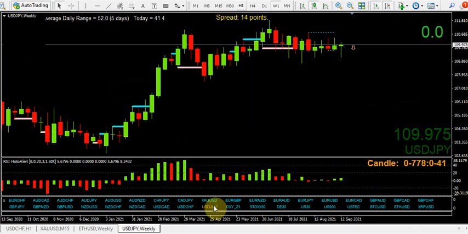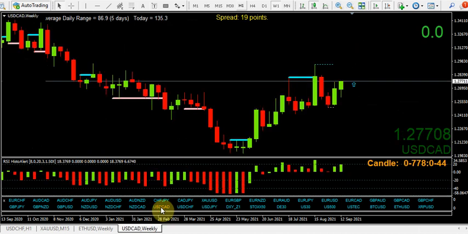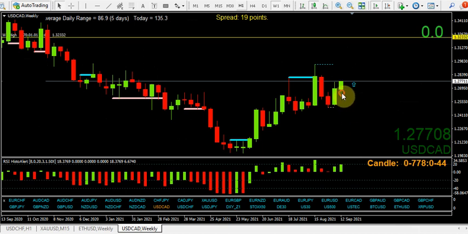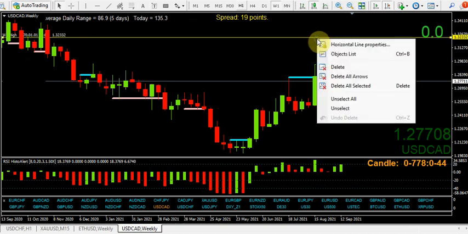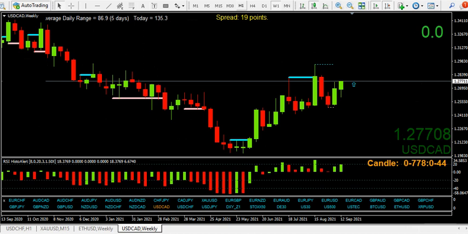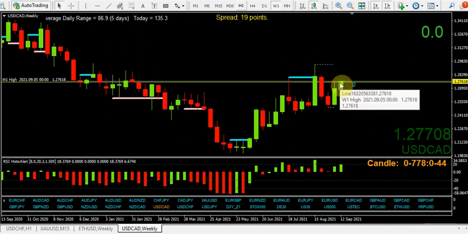You could look at UJ. That doesn't tell us much at all, to be honest with you. You could look at another dollar related pair, dollar CAD. It's broken that high there. Whoops, don't know what happened there. See, it's clearly closed above that high there, and we have got room above to the flip zone.